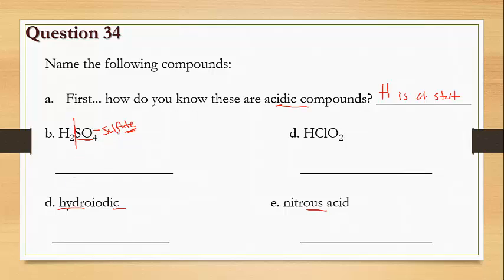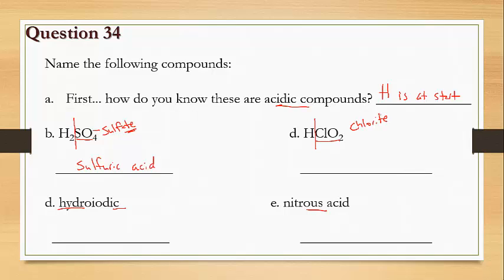Now remember that sulfur was a little different. It's not just sulfic. We're going to end it as sulfuric. And then make sure that you put the simple part down, which is the acid part. All right, the next one, we take that hydrogen, and then we have the ending of ClO2. And ClO2 is the polyatomic that is chlorite.